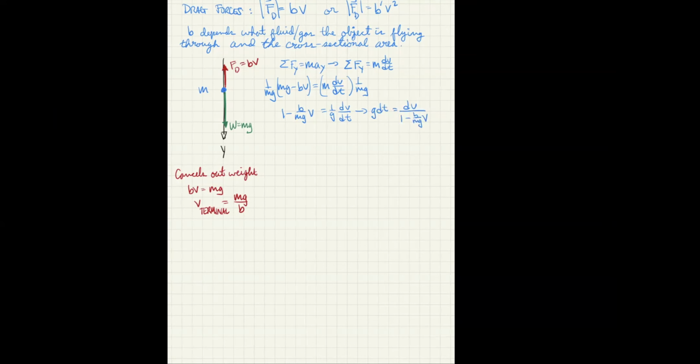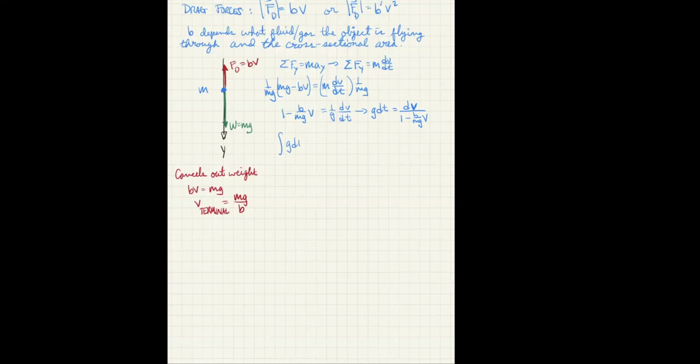So that's what we call a separable differential equation. I was able to get the dv on one side, and the only variable that's with it is the variable v, and the dt doesn't have any variable with it. So as long as you don't have any variable with it, you're good to go. So to solve this, I'm going to integrate both sides, and you could do it as an indefinite integral, but you can also do it as a definite integral, and that's what I'm going to do.